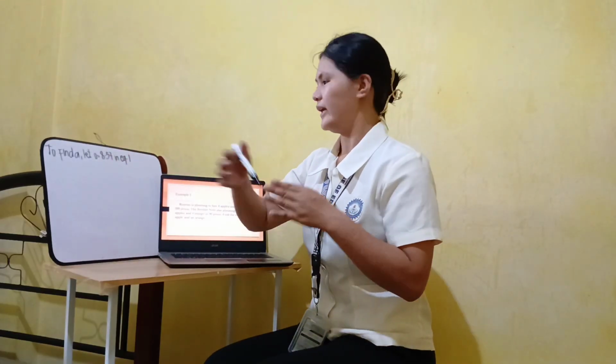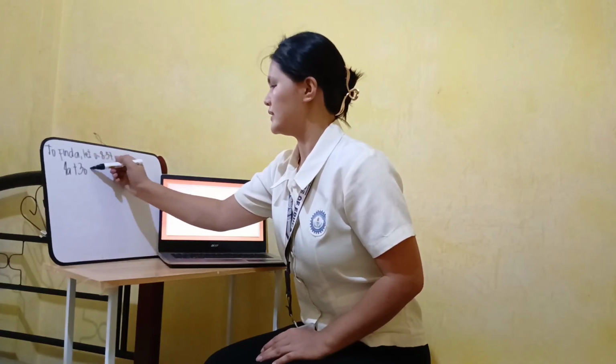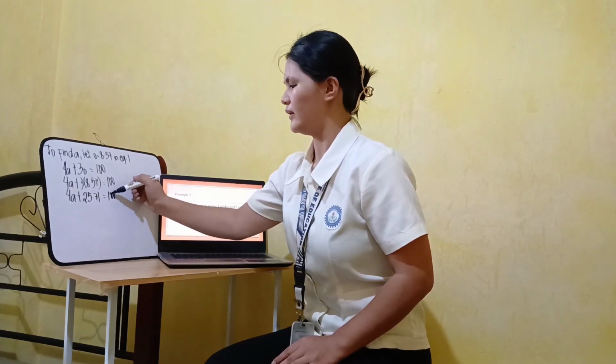So we will rewrite the equation 1, which is 4a plus 3o is equal to 100. So 4a plus 3, substitute yung 8.57, copy the 100, 4a plus 3 times 8.57, that would be 25.71 is equal to 100.